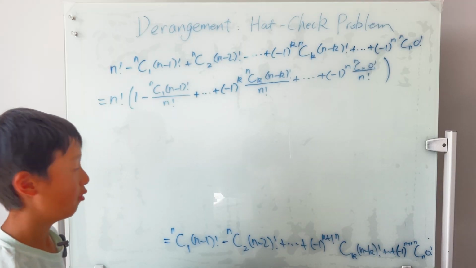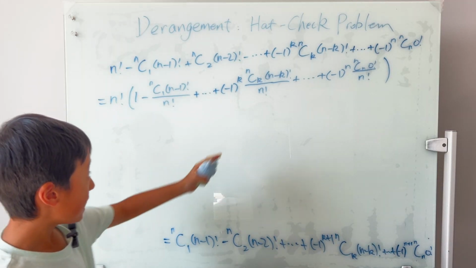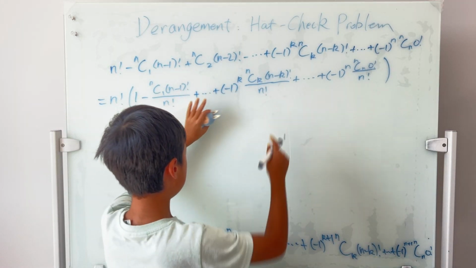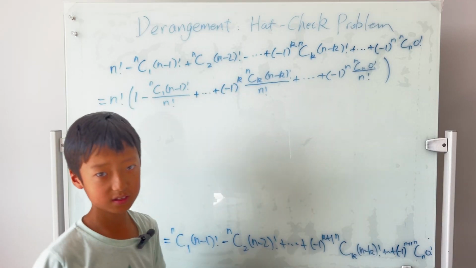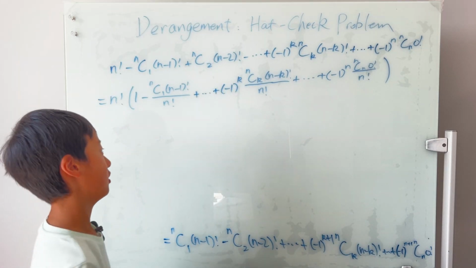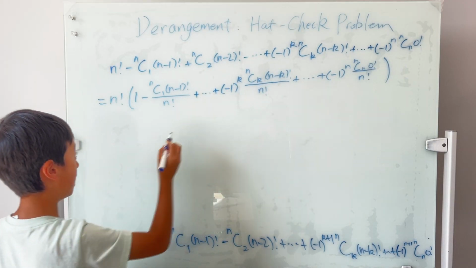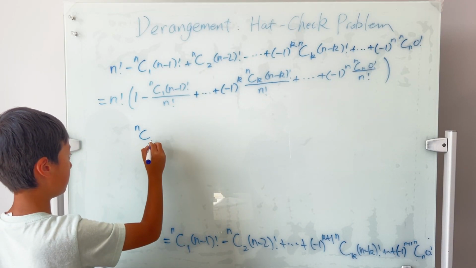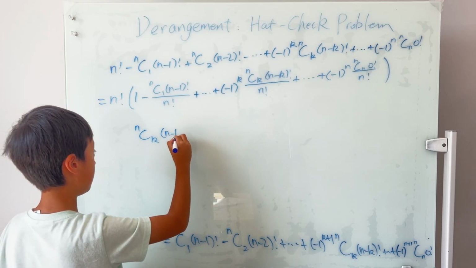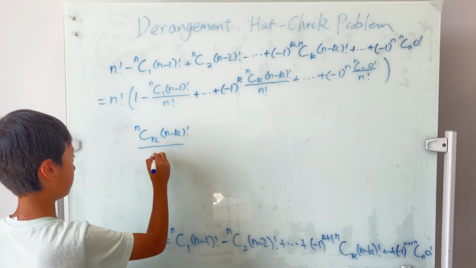Okay. Now, I'm going to just take out this, not including this, and this is where cancel starts. So, I'm going to first write this term right here, Cnk n minus k factorial over n factorial.